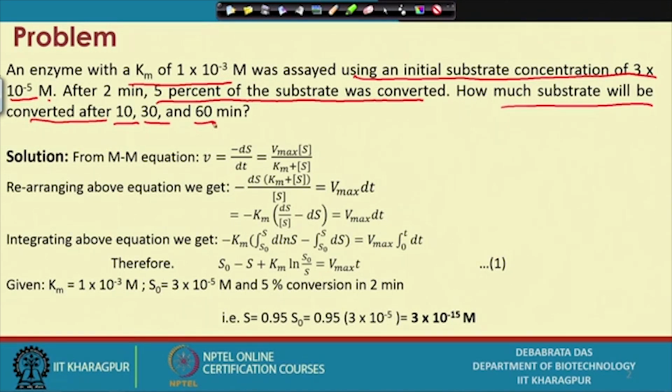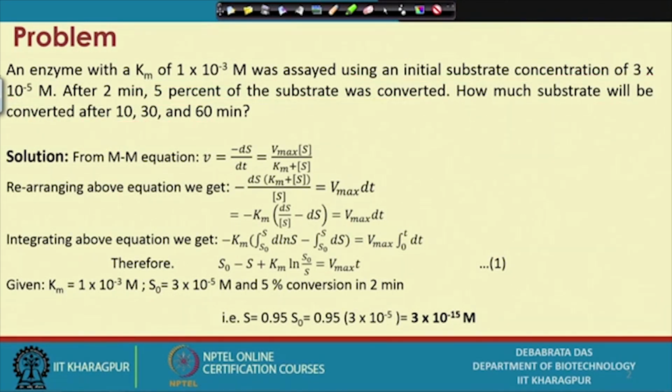In this problem we know the Michaelis-Menten equation we already discussed: V equals Vmax S over Km plus S, am I right? This velocity of reaction is equal to minus dS by dt.